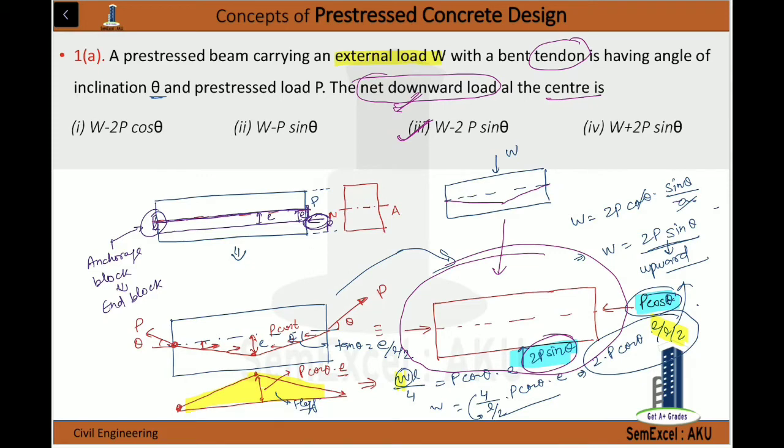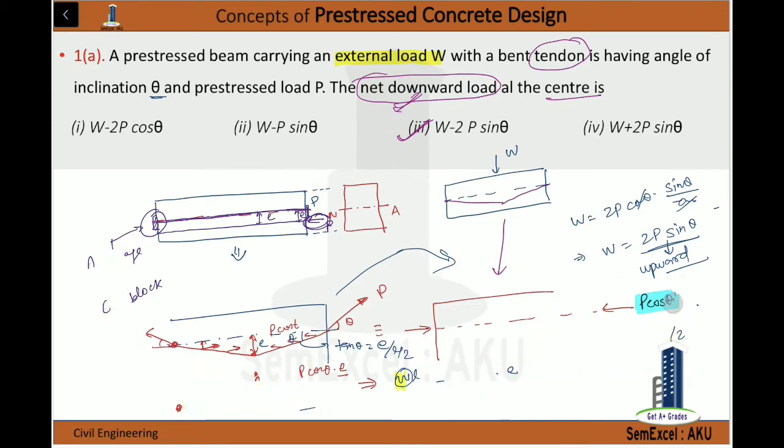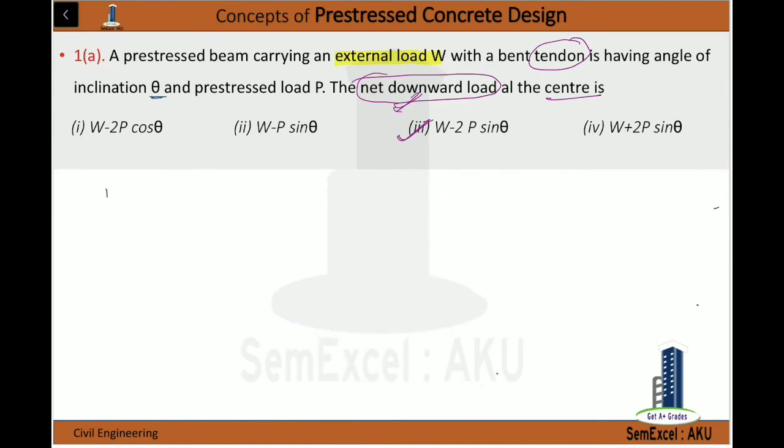So I will give you what you have to remember from this question. The first thing that you have to remember is, if we have a beam and we have a tendon like this, and the maximum value at the center is e, or we can say this angle is theta, then the above beam can be converted like this.